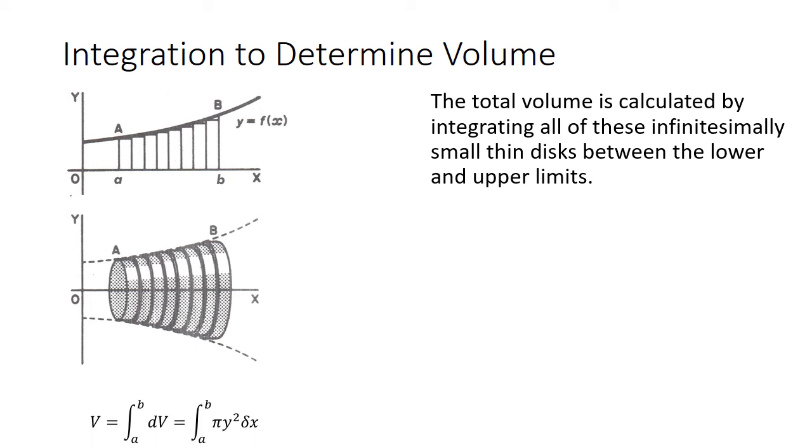We do this by integrating all the small volumes, where the formula for each small volume is given as pi y squared delta x, and we're integrating those from the lower limit a up to the upper limit b.